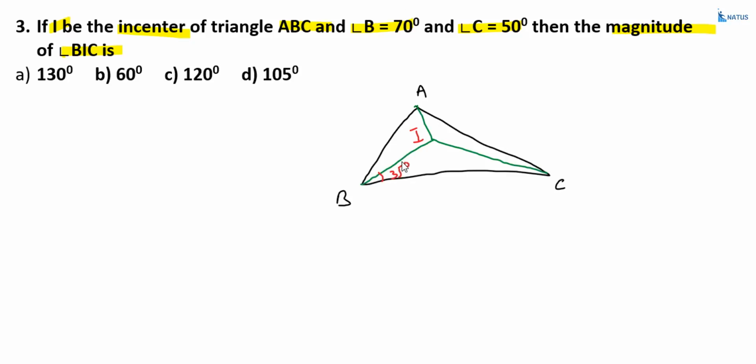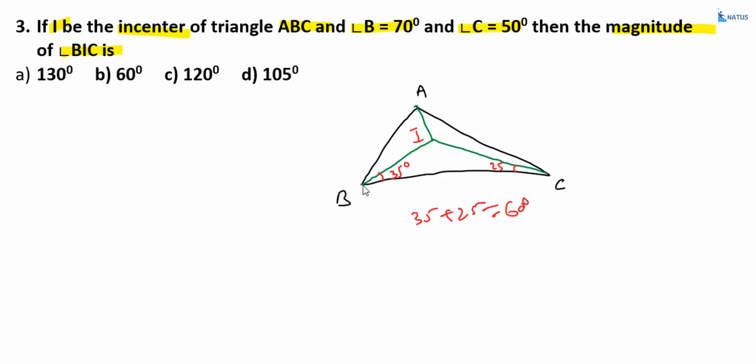Angle C is equal to 50 degrees, so this angle is half of 50, that is equal to 25 degrees. The sum of these two is 35 plus 25, that is equal to 60 degrees.